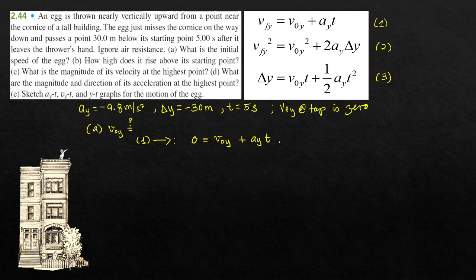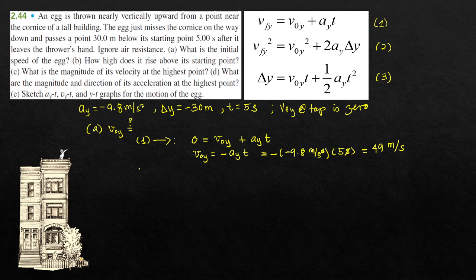So in this case, the initial velocity would be equivalent to negative ayt, or that would give us negative 9.8 times negative 1, and a time frame of 5 seconds. So in this case, our initial speed would be 49 meters per second.